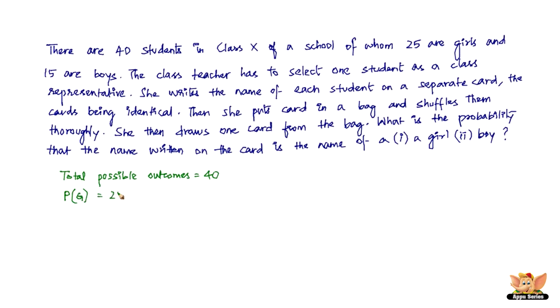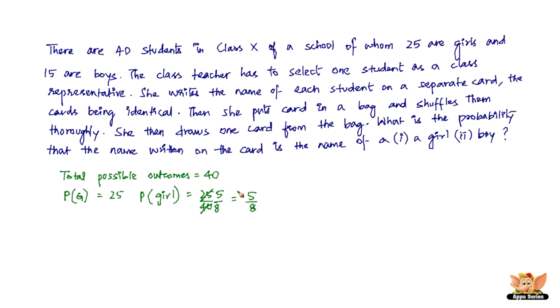It's going to be 25 because there are 25 girls. So the probability of a girl's name coming on the card is 25 out of 40, because there are 25 girls' names out of a total of 40 students. So it's 25 by 40, and 5 goes 5 times in 25 and 8 times in 40. So the probability of a girl's name coming on the card is exactly 5 by 8.